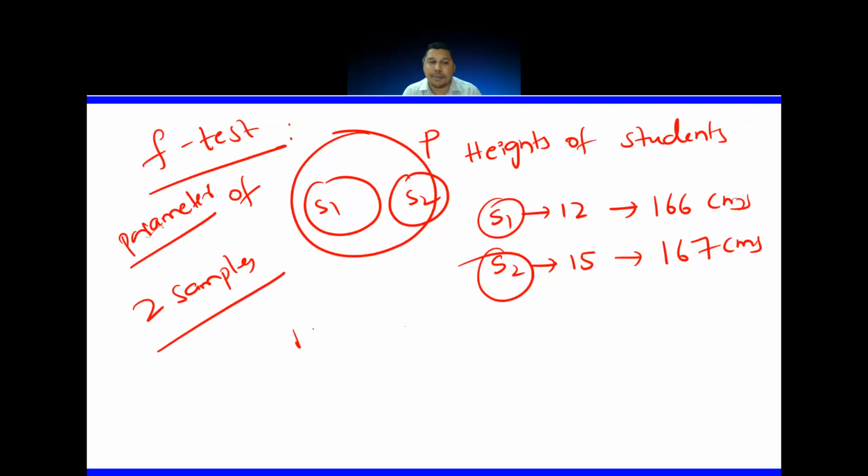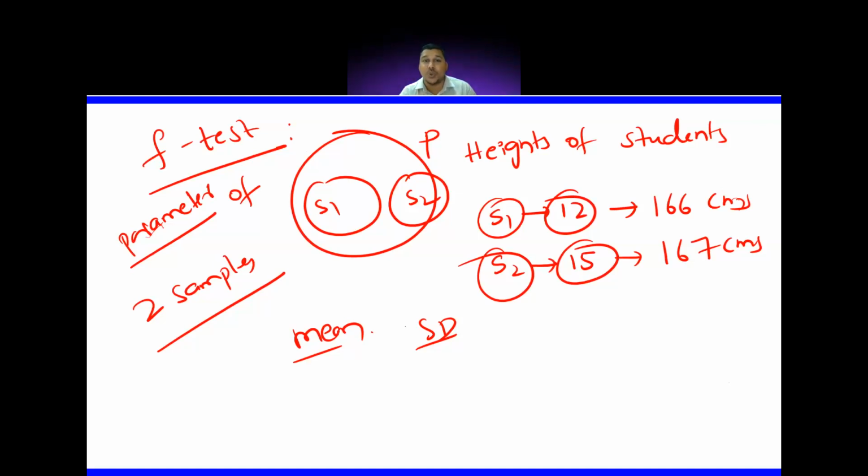What can be parameters? Mean and standard deviation. So you find the mean height of 12 students, and the mean of the other students. Are they equal or not? What is the relationship between the parameters of both these samples? How are these two samples related to each other?